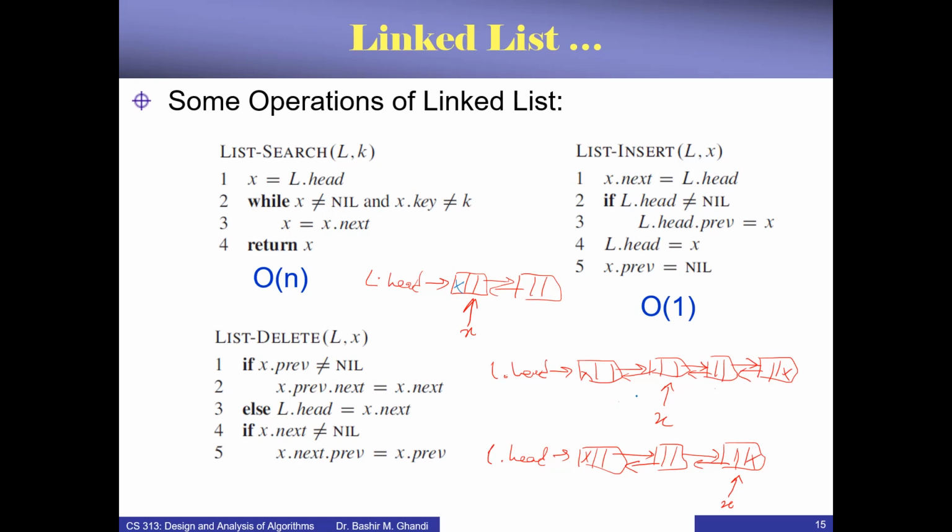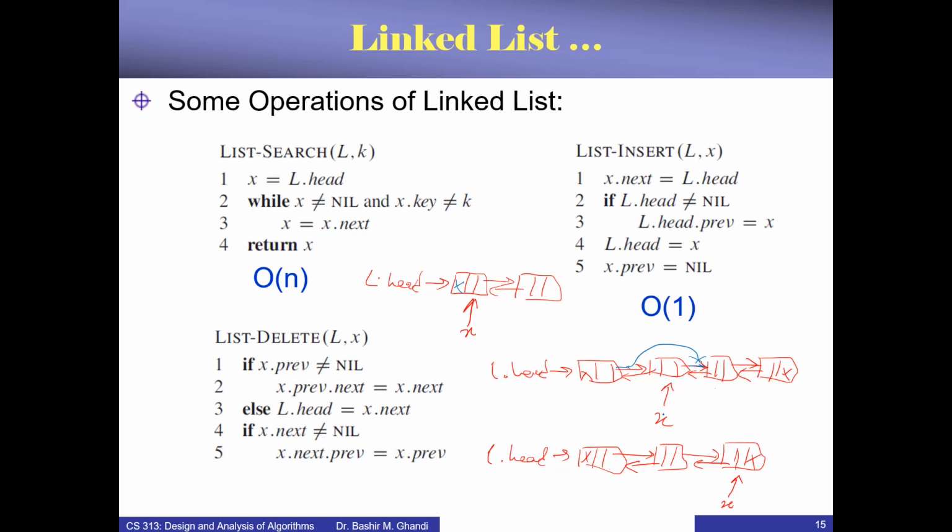X.prev is nil. But in both case 2 and case 3, x.prev is not nil. Okay, so if it is not nil, then set x.prev.next. So this reference, we're going to change it. Change it to what? x.next. So basically we are saying this becomes here.